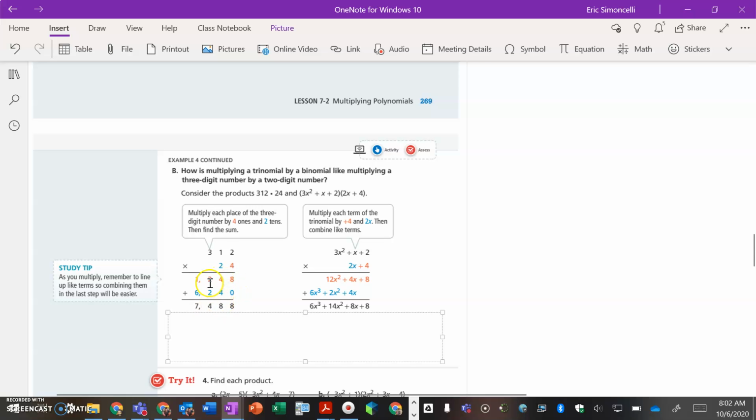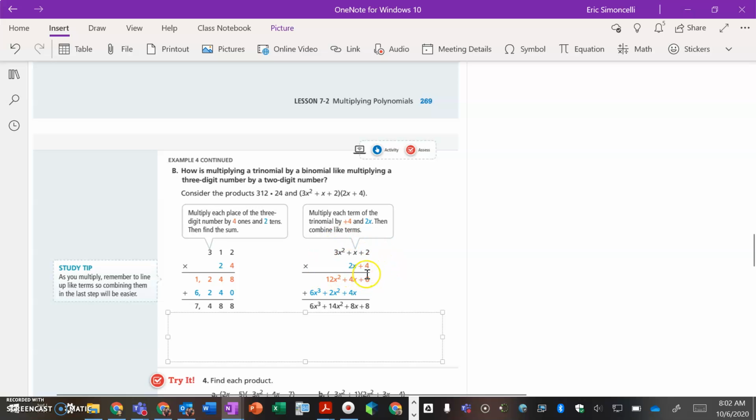Add these up, and these are your like terms. So this is the part of the problem where it will nicely relate to that, at least in the sense that they're lined up. And the multiplication, of course, also is very much like what we'll see here in a moment. The answer is not identical to this because we're working with numbers specifically. But here's where they are drawing connections.